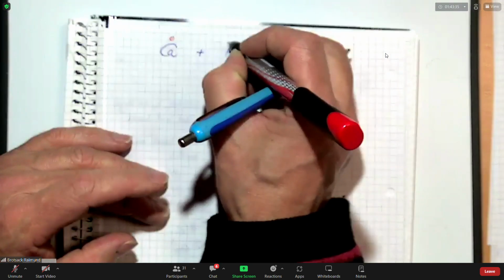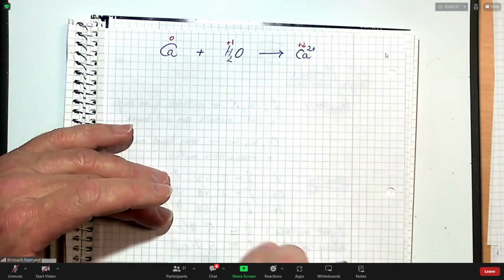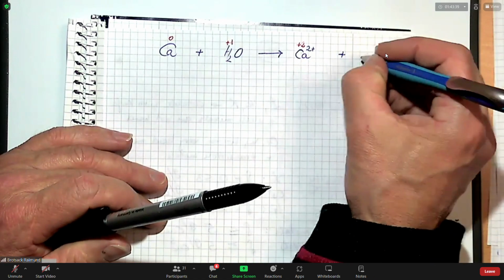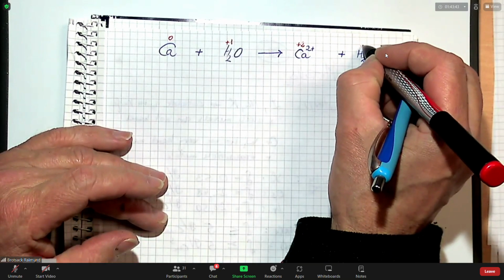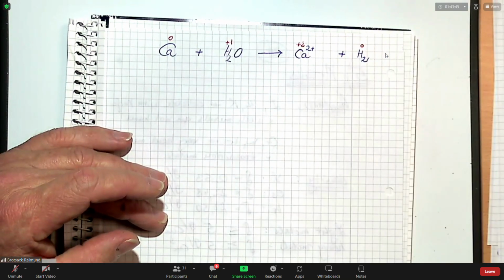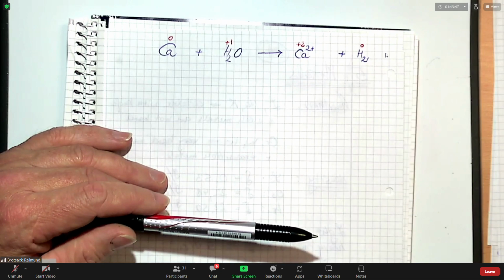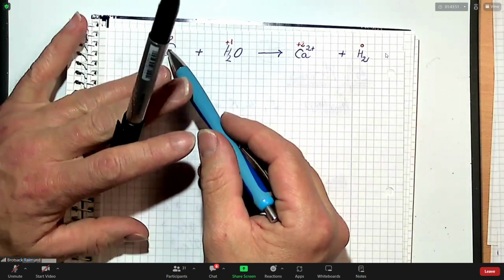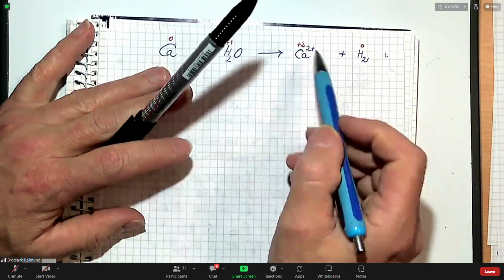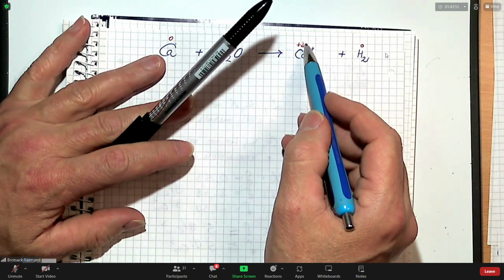Again, what will be reduced? Here we have the +1. Hydrogen is formed as hydrogen gas, so 0. Now, how many electrons are transferred? The oxidation delivers 2.